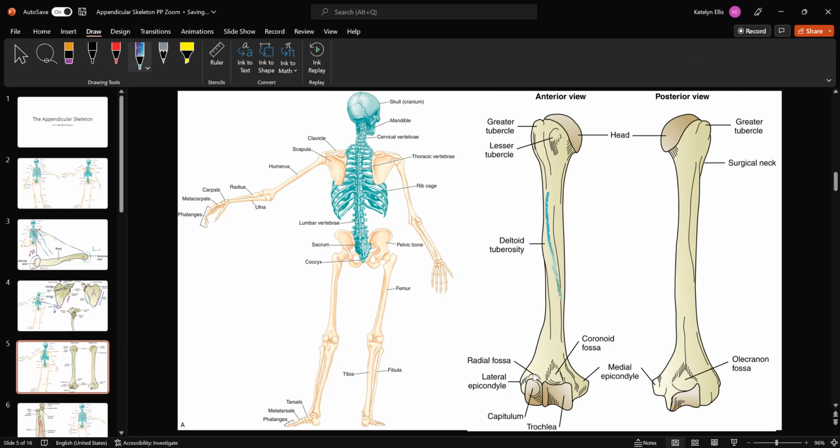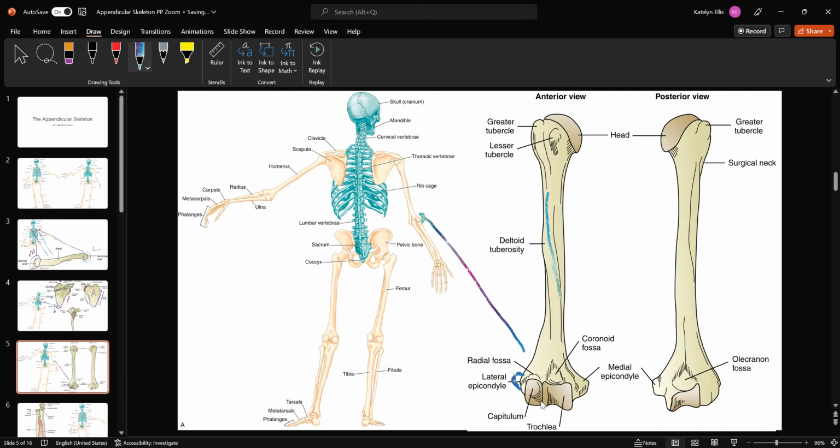This is the radial fossa. This is the lateral epicondyle. So we know it's going to be where? On the outside. Okay. It's going to be on the outside of the arm. Right over here is what we're looking at. There is the capitulum. There is the trochlea.